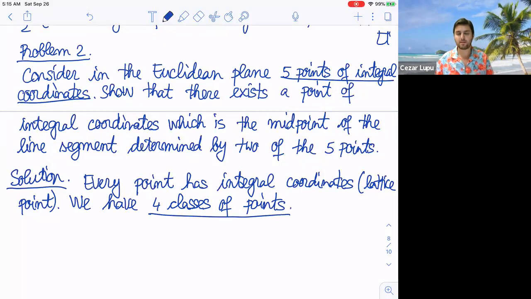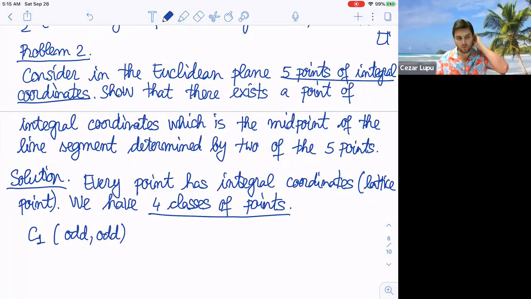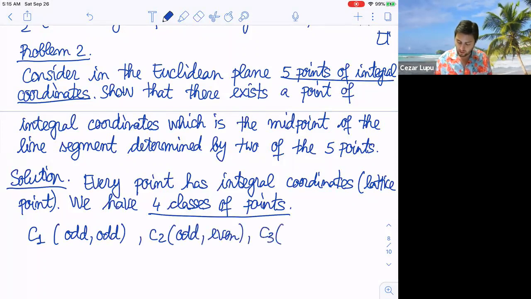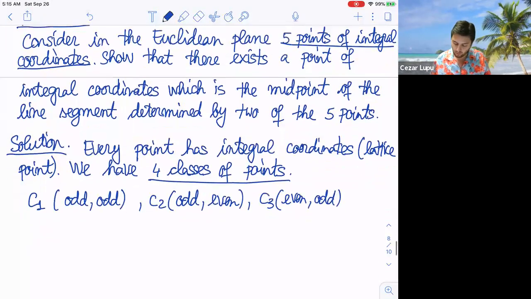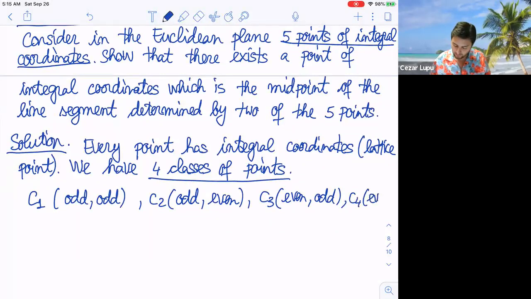We'll put them in each class based on their coordinates, so based on their parity. Since they're integers, why not do it? The first class, let's call it C1, will consist of those points whose coordinates are both odd. The second class, C2, is odd-even. The third one will be even-odd. And the last one, C4, will be even-even.